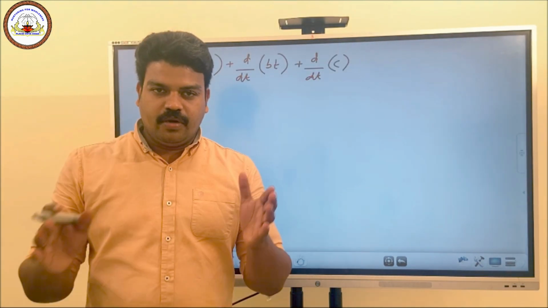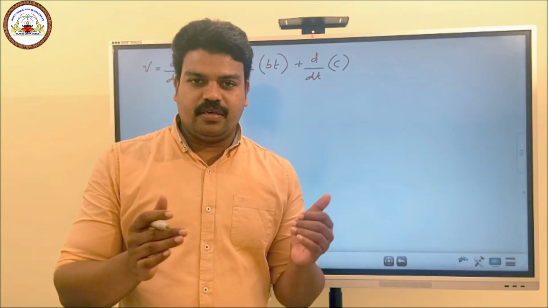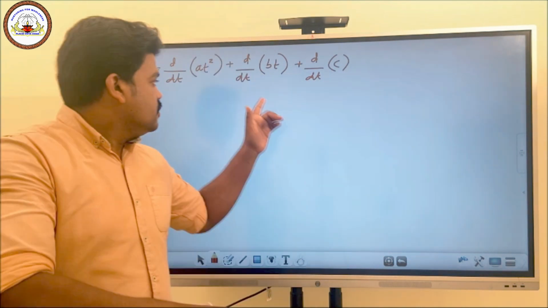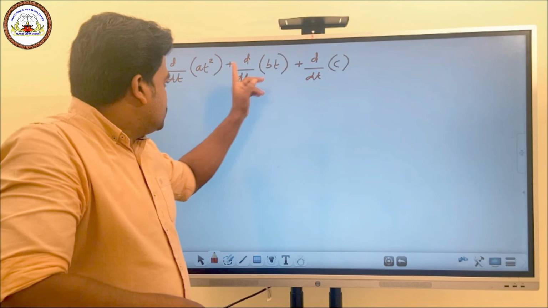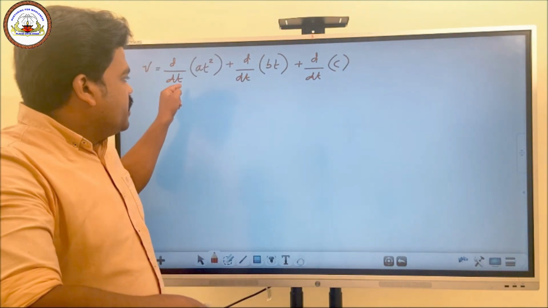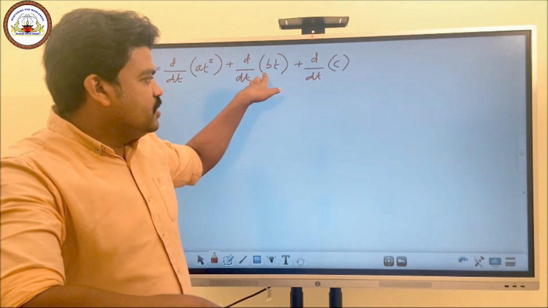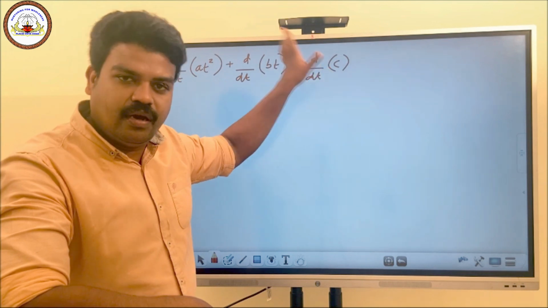This rule is used to solve that type of question. By using that method, we can find out the instantaneous velocity of the particle. You remember this equation? Instantaneous velocity is equal to d by dt of at square plus d by dt of bt plus d by dt of c. a is constant, b and c are constants.